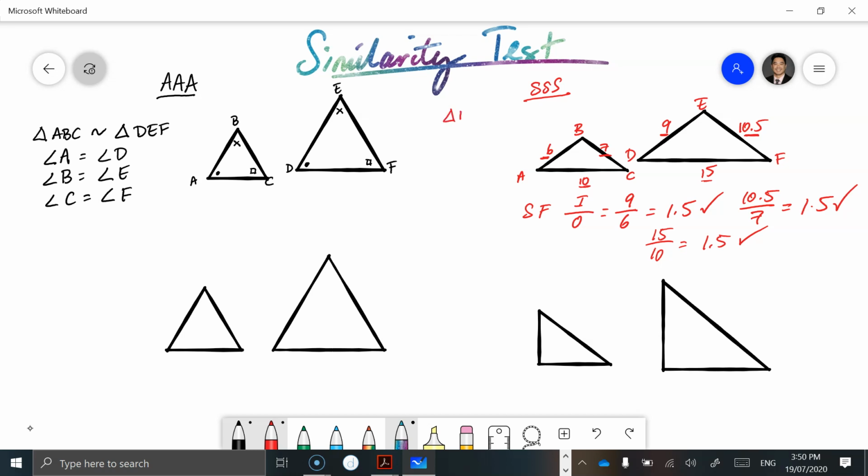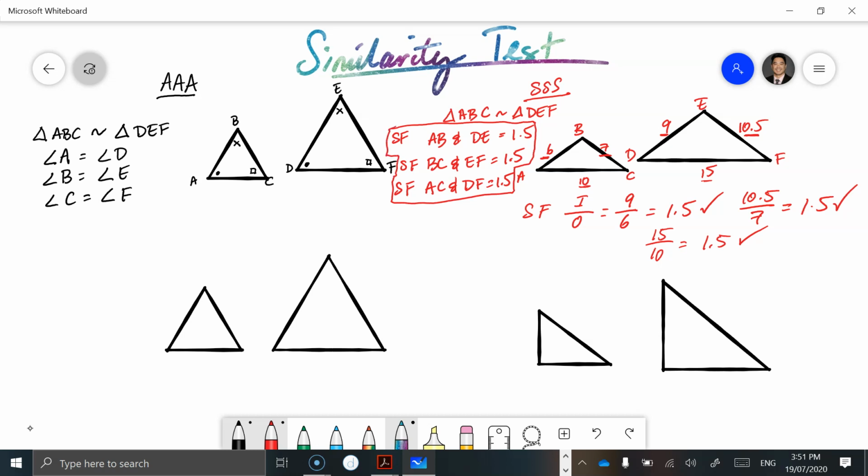We can comfortably say that triangle ABC is similar to triangle DEF because for AB and DE the scale factor is 1.5, the scale factor of BC and EF is 1.5, and the scale factor of AC and DF is also 1.5. Sorry that was a little bit squishy, but hopefully that helps you understand that we're looking at scale factor here.